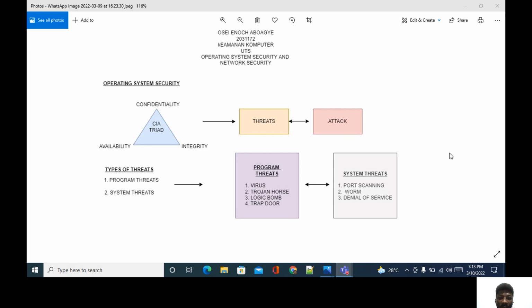What are some of the functions of operating systems? One, they manage files, they manage memories, they manage the input and output devices. Then they manage all the resources of the computer and they provide security or protection.